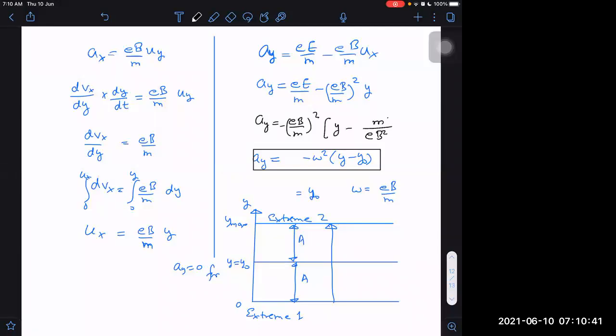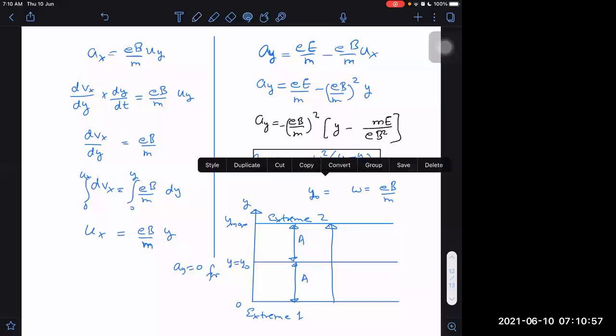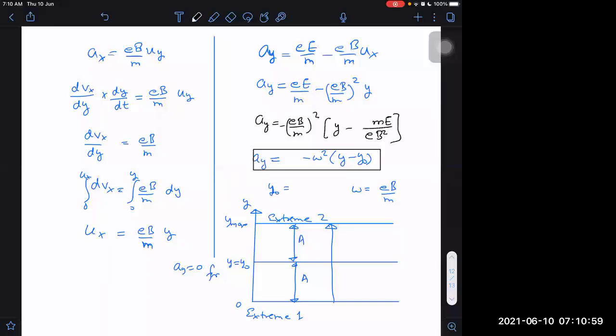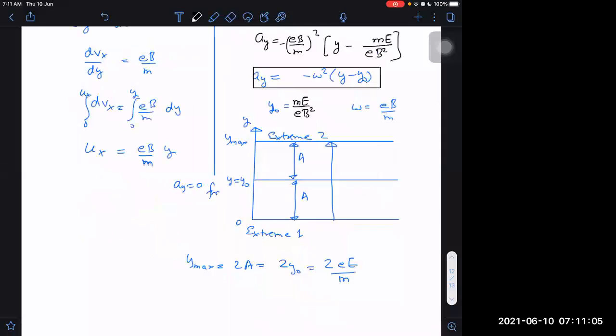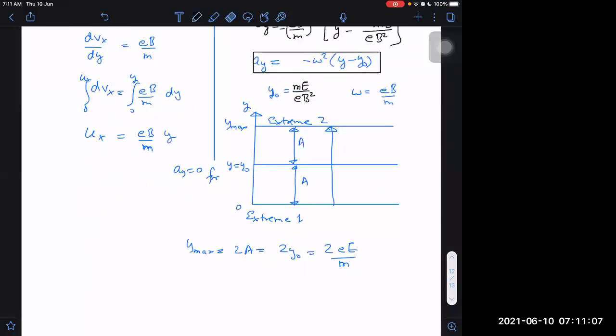And E will come in the numerator, I think, right? Yes, sir. Right only or not? Correct only, sir. Correct only now finally. So then y naught should be equal to, now if we compare this, M E upon E into B square. Then there are some mistakes in the last step also here. I think this is wrong here.